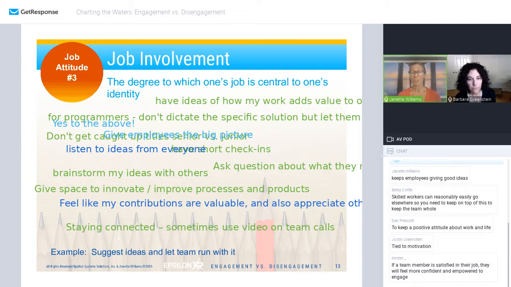Those little things don't cost anything except for a little bit of our time, but they really go a long way. Listening to ideas from everyone, especially when we might have some more brain power to think about creative ideas, but we have no outlet to share them. Short check-ins. Give employees the big picture. Definitely.